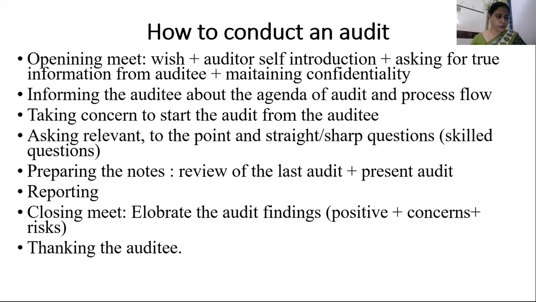So you should be very, very clear that you are going to check the review of the last audit. Then you are going to move to the present audit. The first points of your report or your notes should have the last audit report, and then it has to go for the present audit. After that, you are reporting, you know how to report.